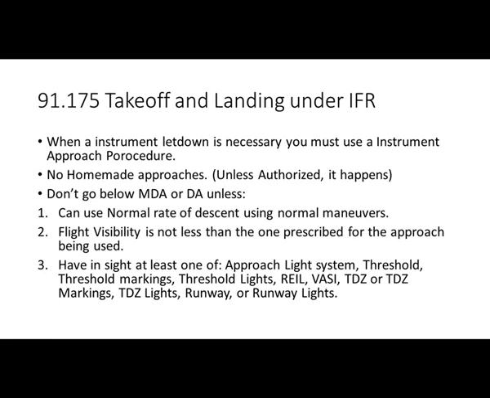Don't go below those altitudes unless you have the airport environment specifically in front of the runway. You're not allowed to go under the MDA. If you get to that point, execute a missed approach.